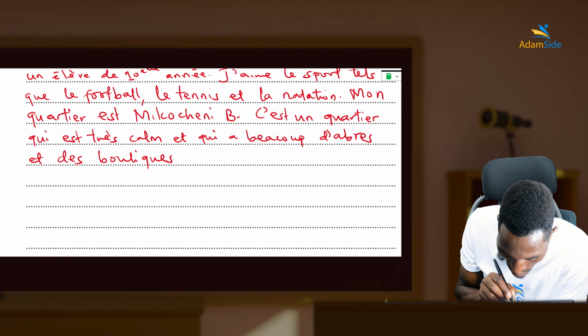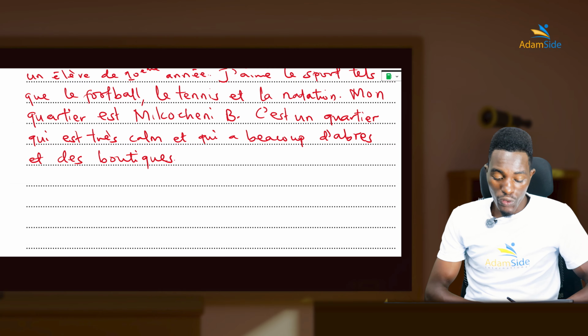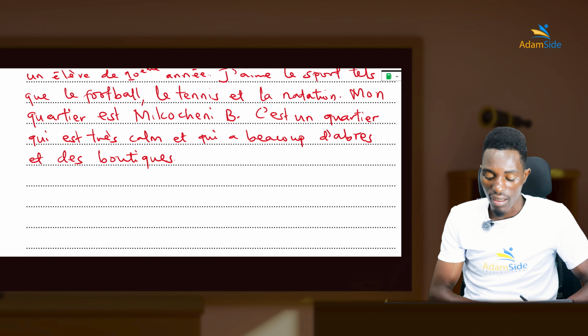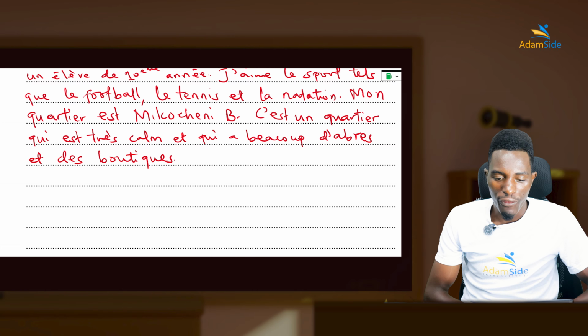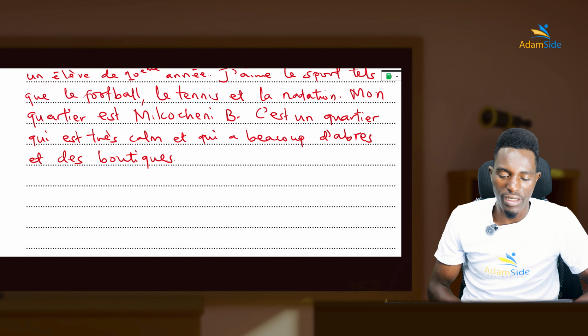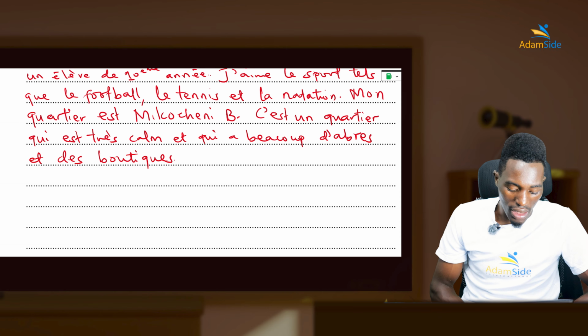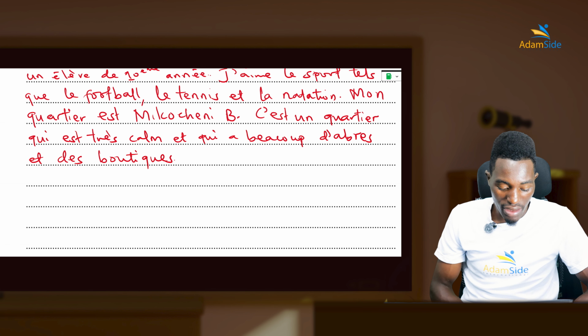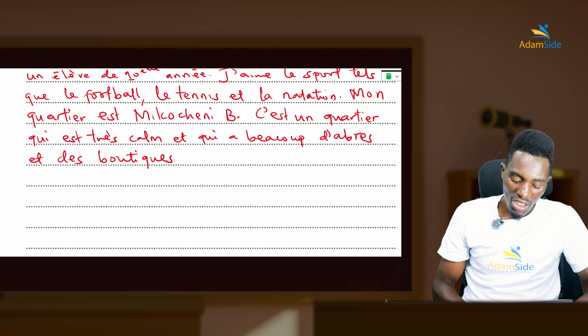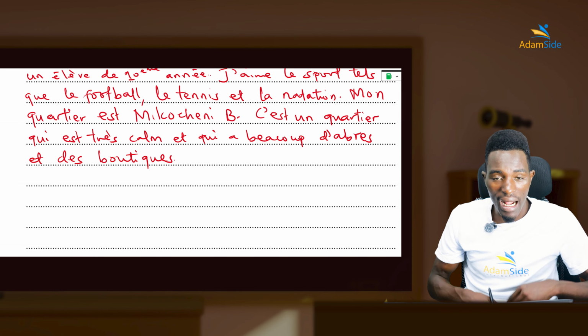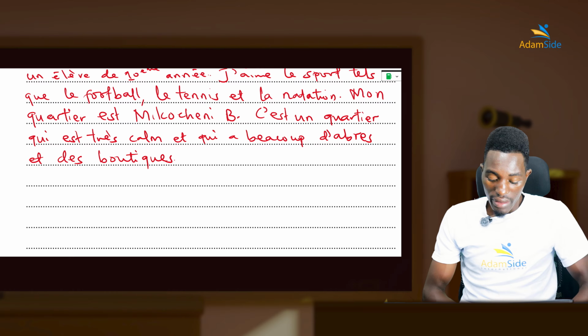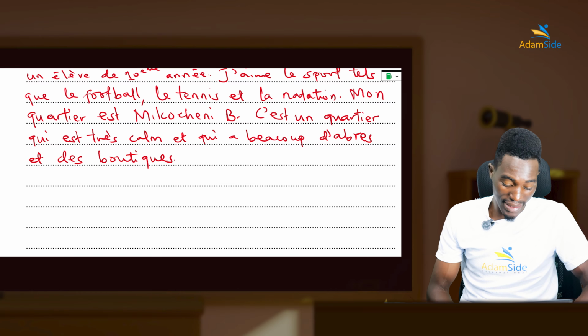So if you see here, I'm describing the question of faites une petite description de votre quartier. So I am describing my area, that my area is Mikocheni. It is a calm area, and it has trees and shops also.